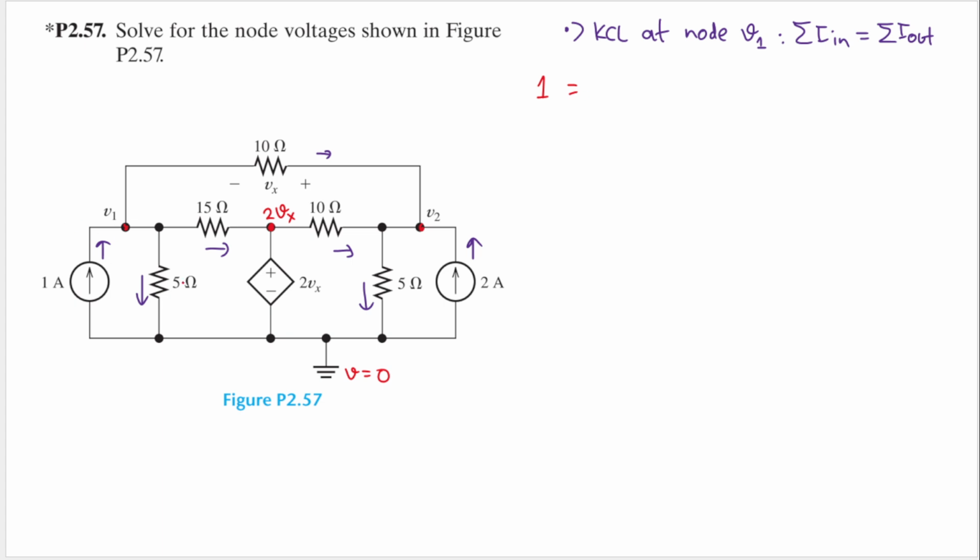Let's start from this current here: V1 minus 0, which is V1, divided by the resistance between them, which is 5. And the second current is this one, so I will have plus V1 minus 2Vx, and then divided by 15.